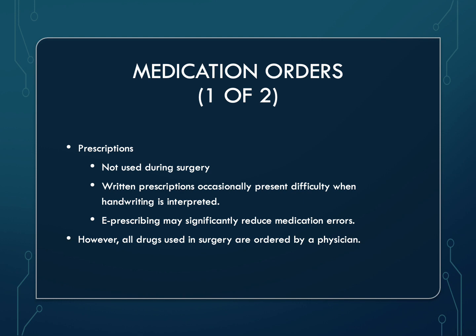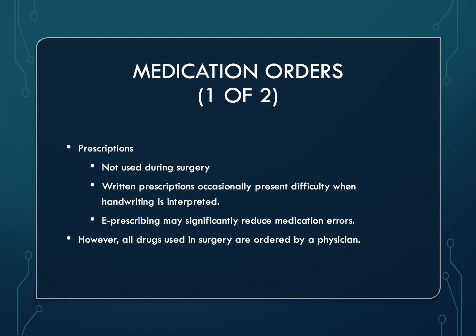So notice that a prescription has several components, which include the date, the name of the patient, the name of the drug, the dosage, the route of administration, the frequency or time of administration, and the prescriber's signature.